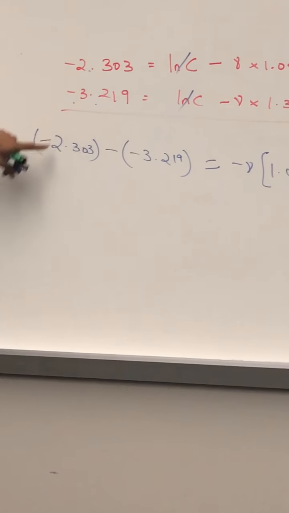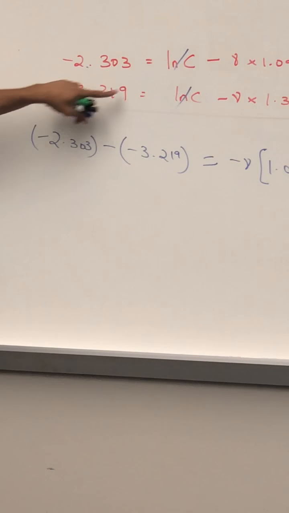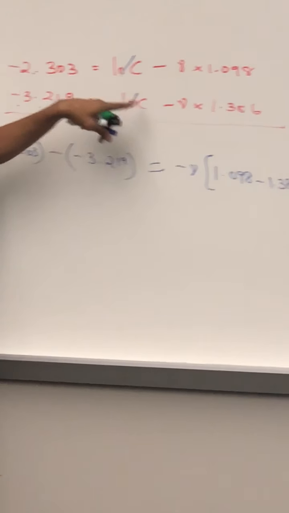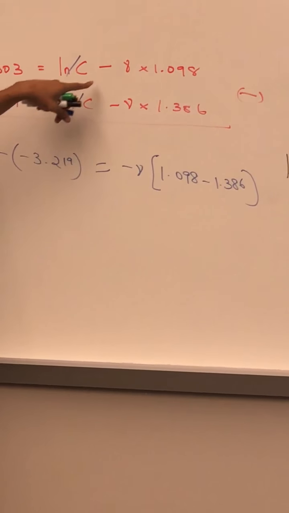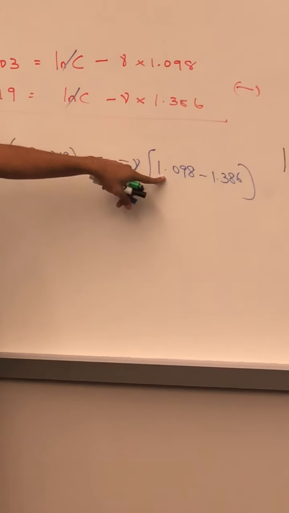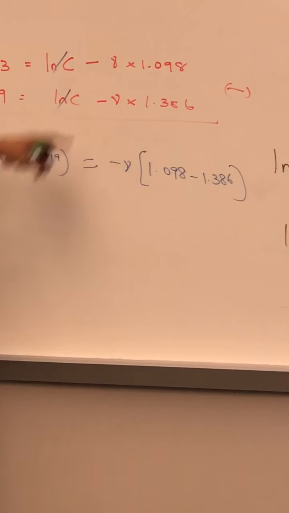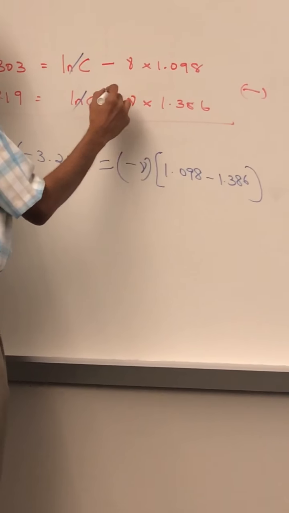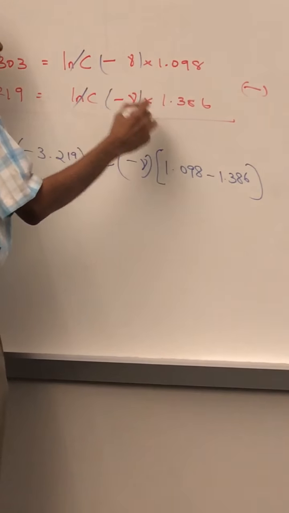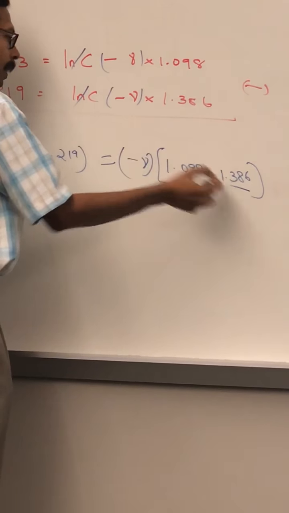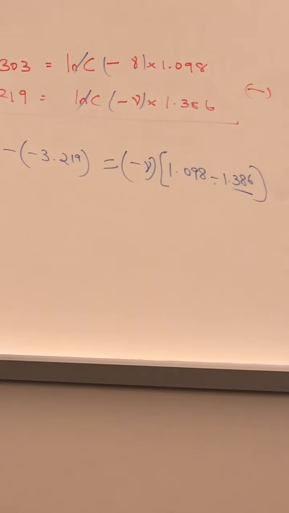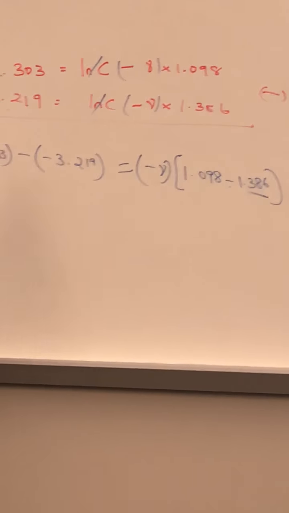So minus 2.303 minus this term equals, these two cancel out, minus gamma times 1.098. So the minus gamma I'm taking outside as it is, times, so minus 1.386. So you just have to simplify this.